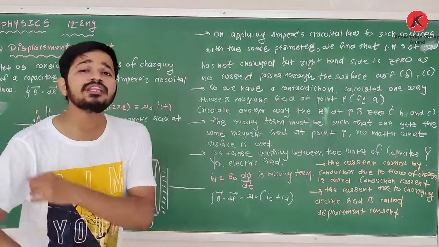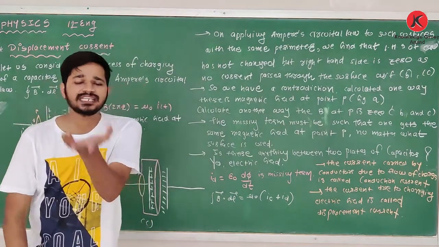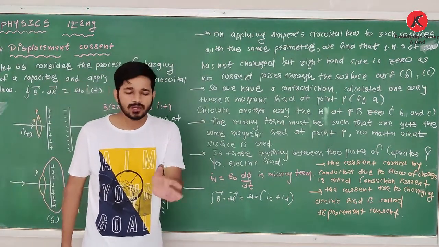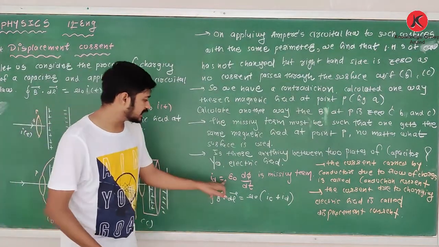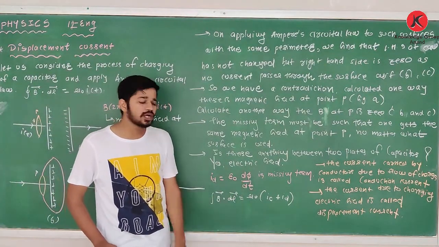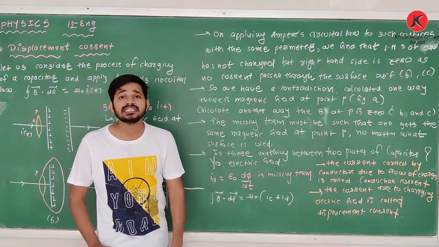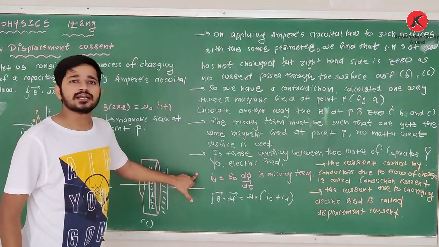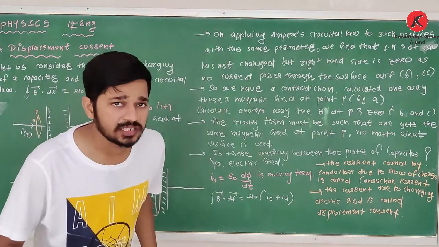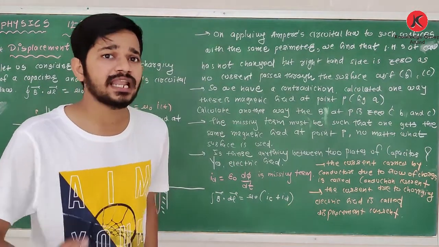We have obtained the equations: dE/dt is equal to 1 upon epsilon 0 A times dq/dt, then I is equal to epsilon 0 d phi_E upon dt, or you can say I_D. This missing term is called displacement current, which is due to a changing, time varying electric field.